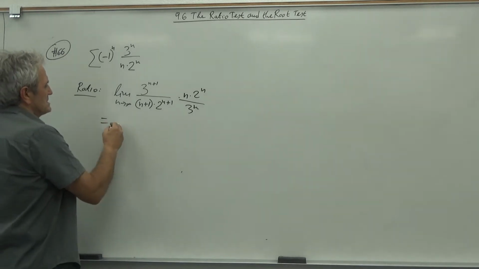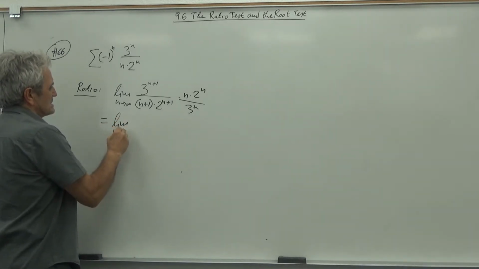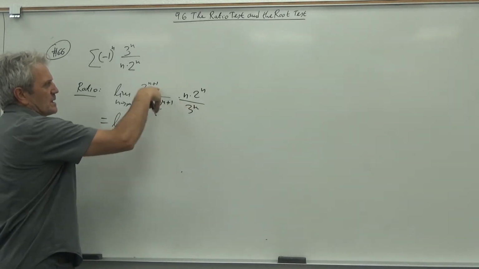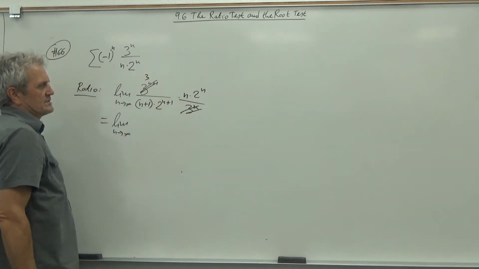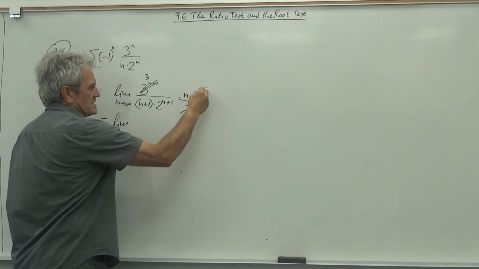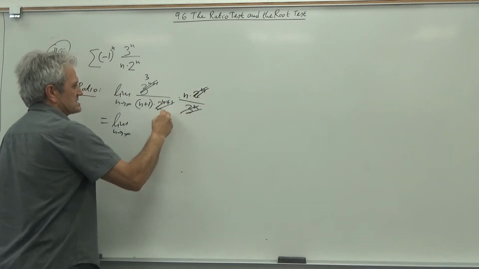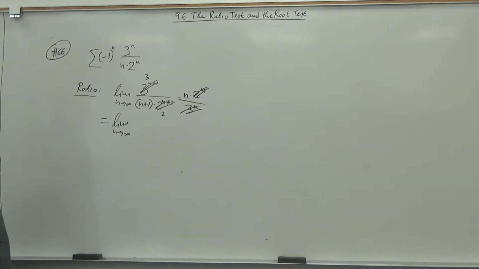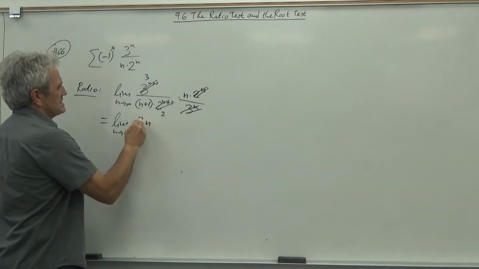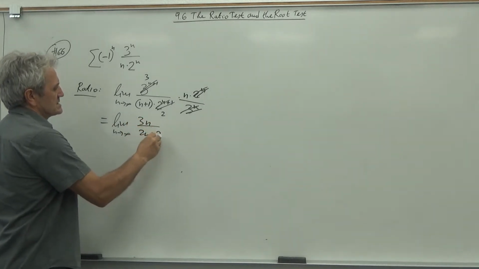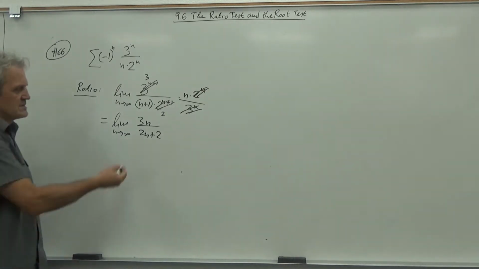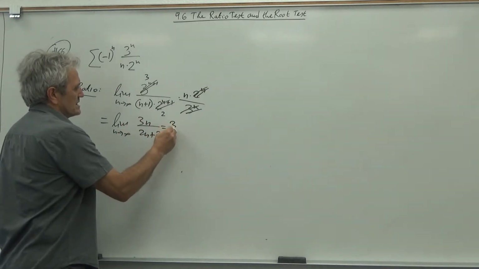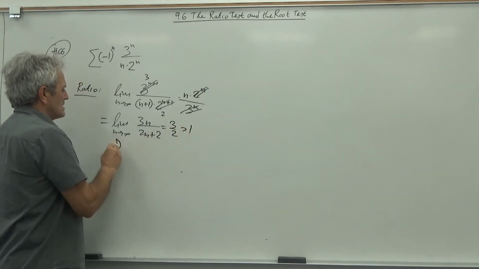It's a limit when n goes to infinity; the n copies and plus 1 cancel here, and there's a 3 left. The same thing here, this is completely canceled, there's a 2 left. So what we get at the end is 3n over 2n plus 2. Obviously this limit is 3 halves, dividing by n, so we get 3 halves, greater than 1.